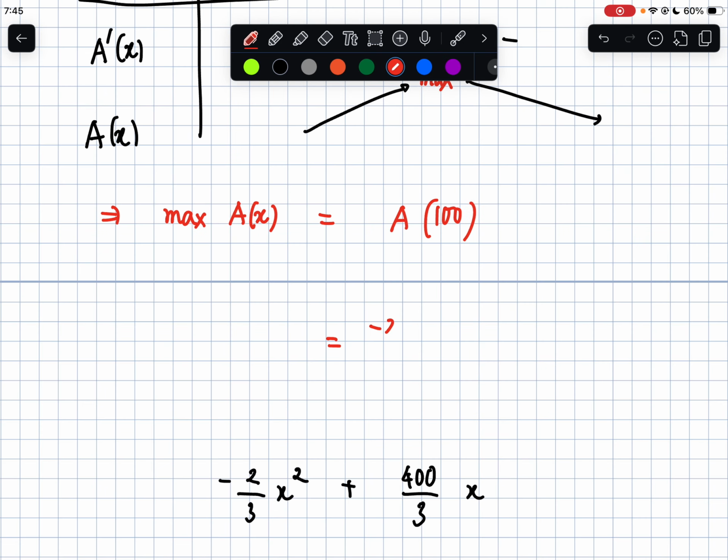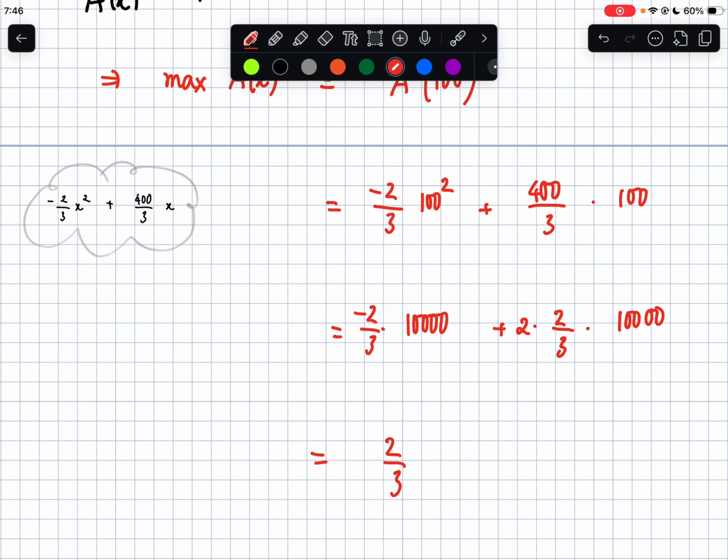So we have 100 squared, minus 2 over 3. So 2 over 3 times 10,000, we have 2 over 3 times 10,000 times (minus 1 plus 2).